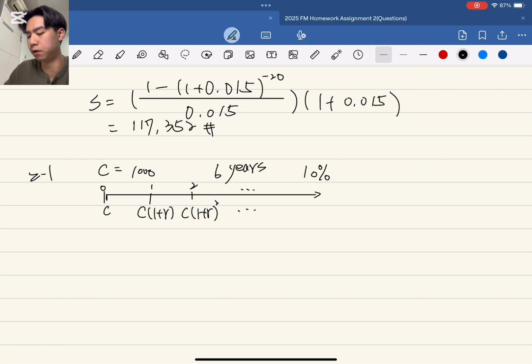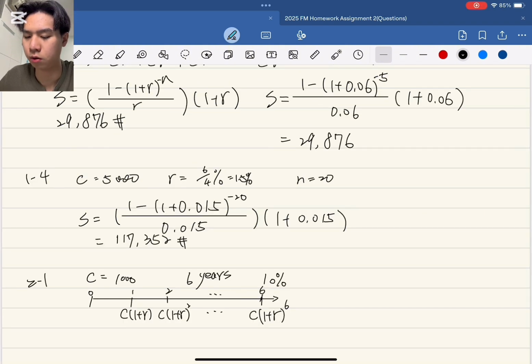And in the 6th year, our money will become C multiplied by 1 plus rate raised to the power of 6.